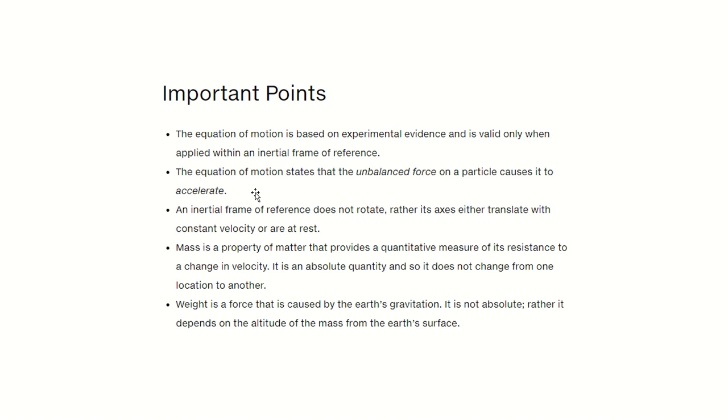Important points. You can just read about it, reiterating the same thing. Going into the equation of motion. Again, experimental evidence. Think about your limitations, and your inertial frame of reference.